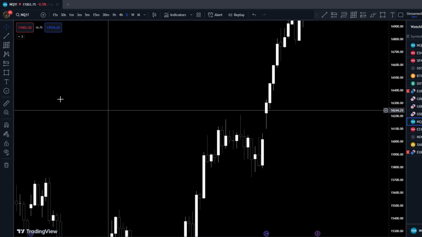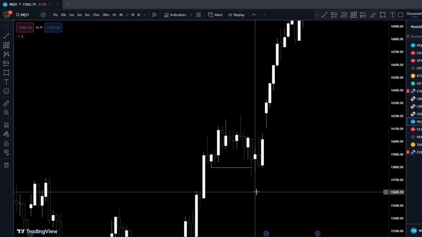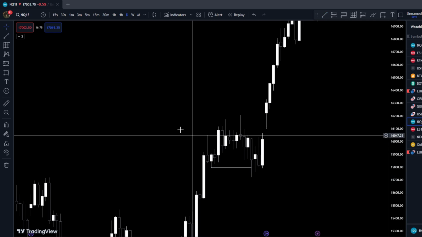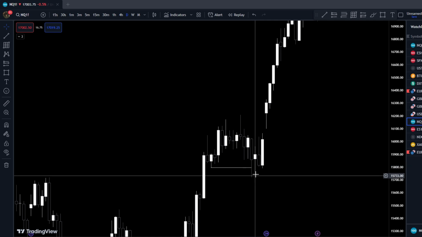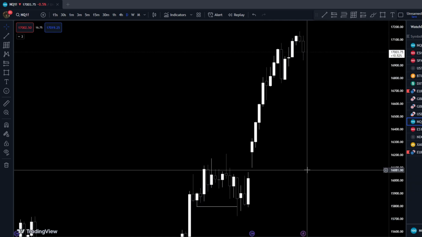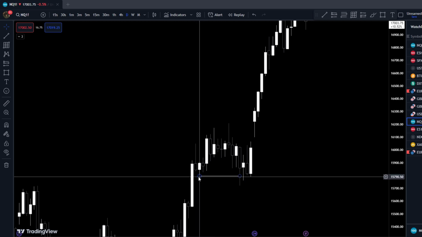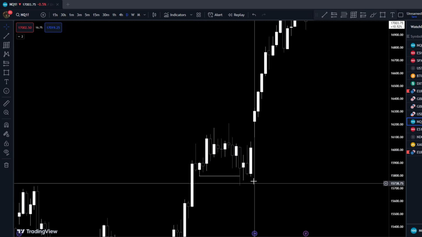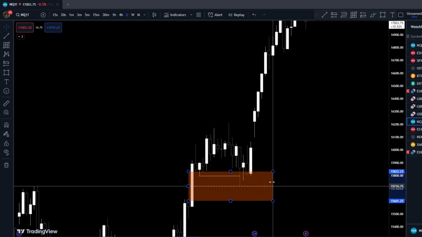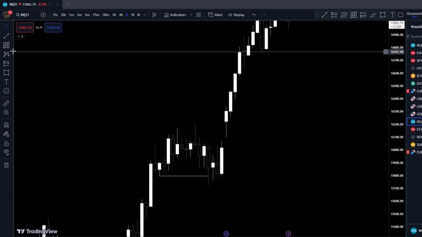That's what we got. We took out this liquidity, came down. This is an accumulation phase, manipulation, and distribution as we got. So what do I expect here? We took out this liquidity here, and we respect it. We respect this PD array. So what do I expect? I expect higher prices, bullish prices.